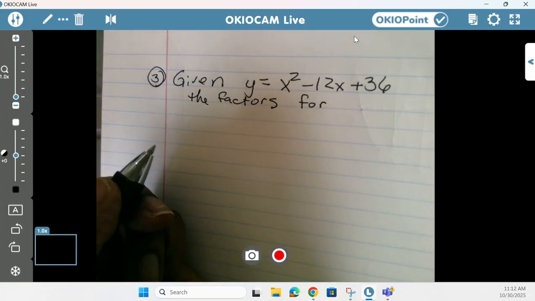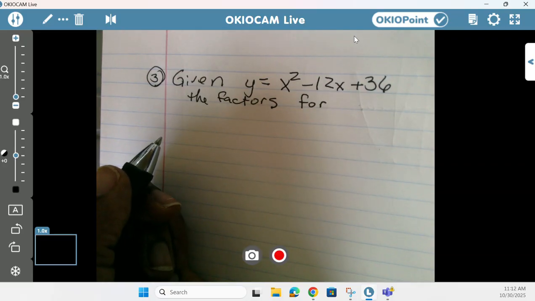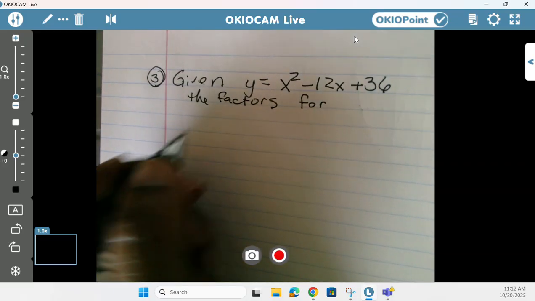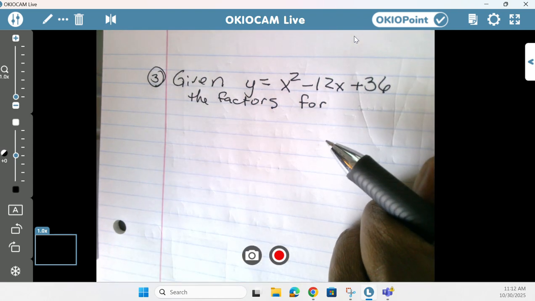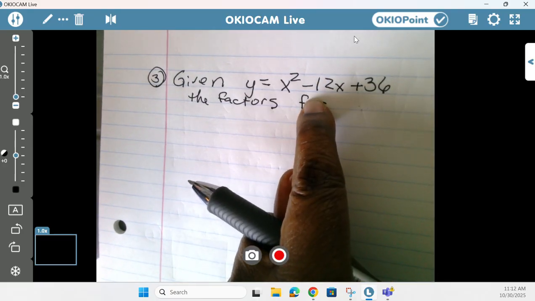All right, so if the factors are 12 and 3, how do you write it? Wait, that's not right, because that won't give you the minus 12. It's got to be 6.